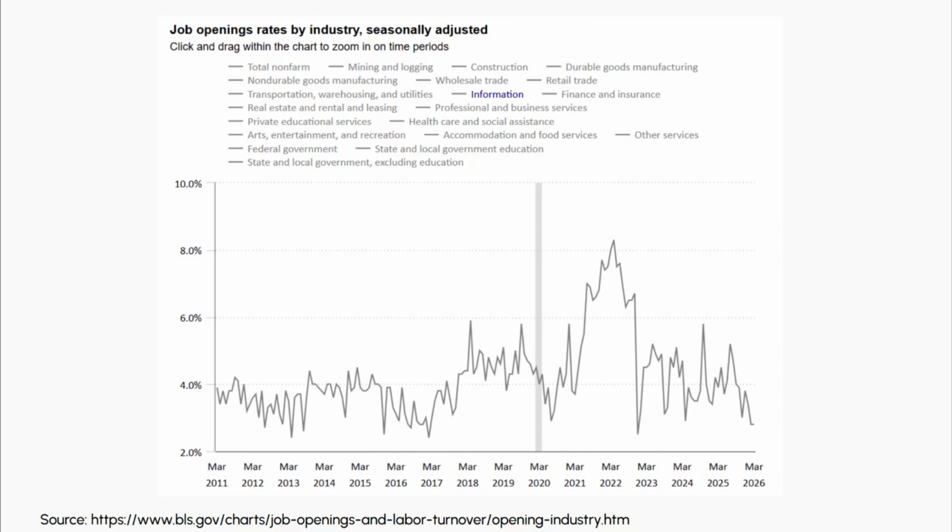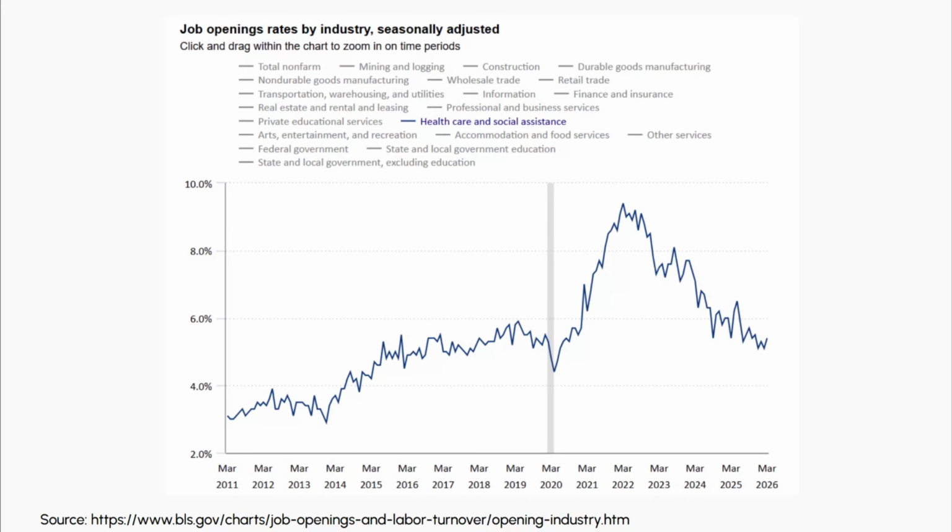For example, if we look at the IT and analytics sector, we see immediate signs of distress. The current rate is 2.8% and has slid heavily from 5.2% in July 2025. On the other hand, healthcare has dropped only slightly from last year and is at around 5.4%, which is higher than the total average.